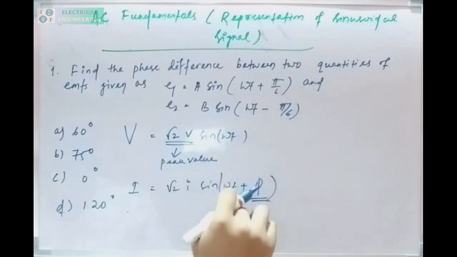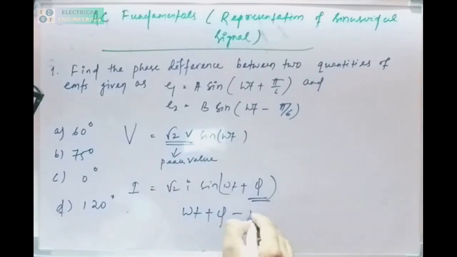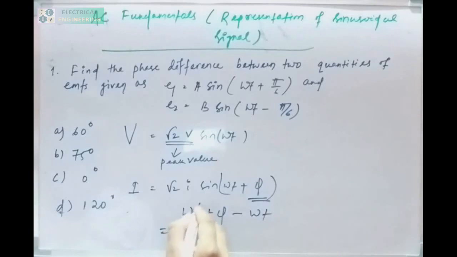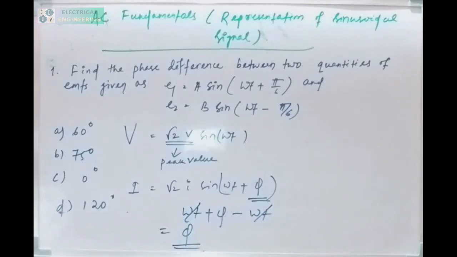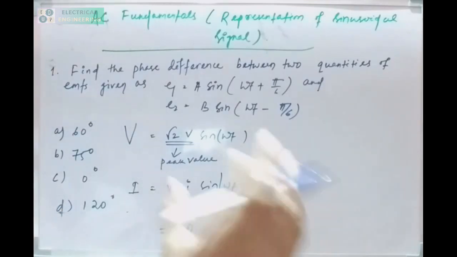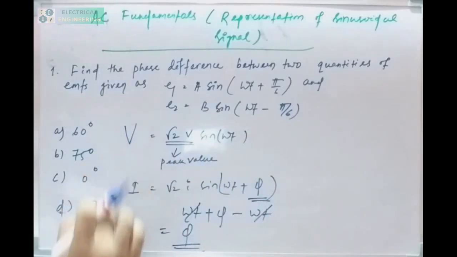So what is the phase difference between these two? It is omega t plus phi minus omega t. Omega t will be cancelled out, and phi is the phase difference. Phase difference is nothing but a simple difference between two phases of two quantities.